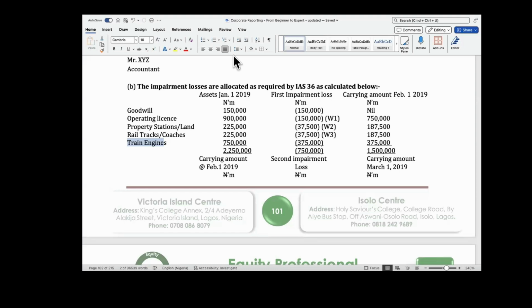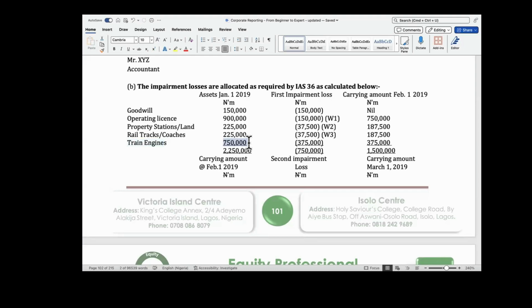So there's still one remaining twin engine. Okay, see, the reason is that this twin engine is already valued at its recoverable amount.